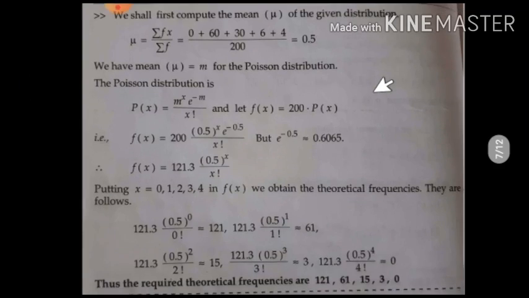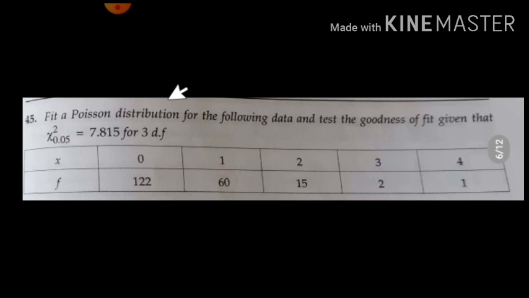Now coming to the question here, observe that the chi-square table value is given for 3 degrees of freedom. It means n minus 1 is 3, so n should be 4. So degree of freedom 3 means the number of data should be 4.